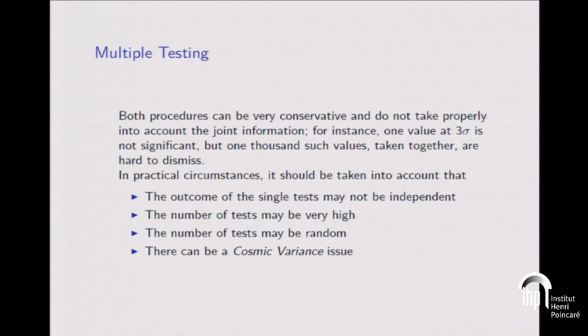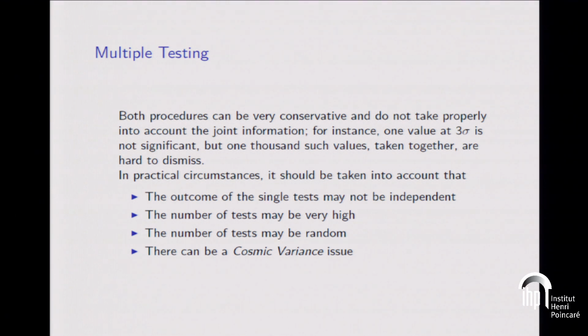So this is just general multiple testing in the statistical literature. But if you go to specific issues in CMB or more generally in cosmology, you have even more difficulties, and some of them are listed here. For instance, the outcomes of the single tests are not independent.